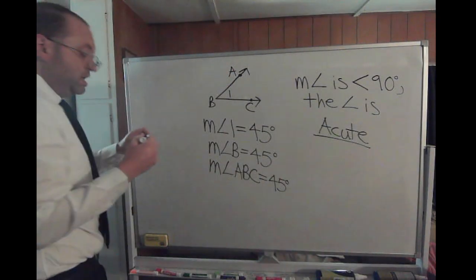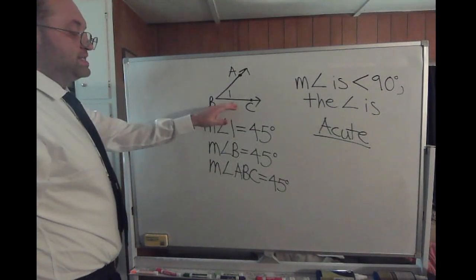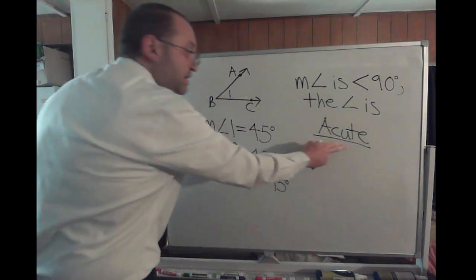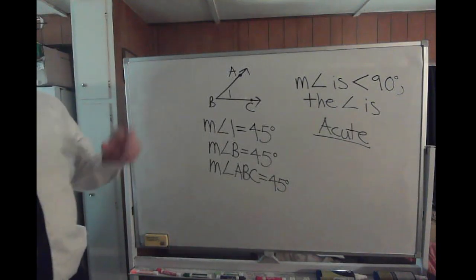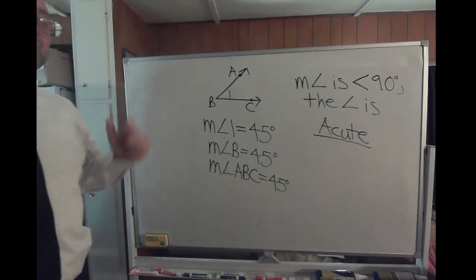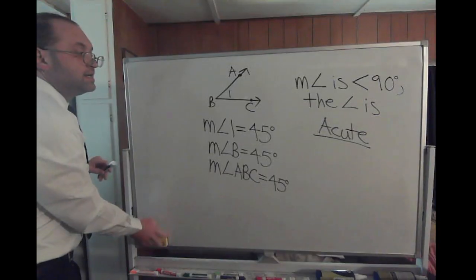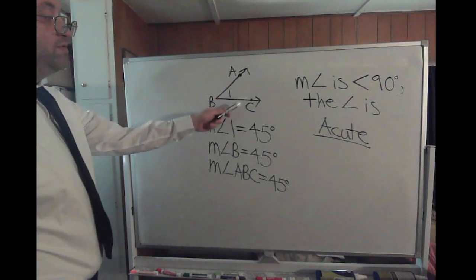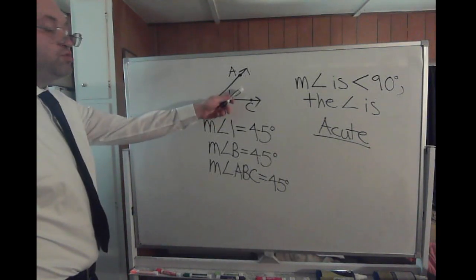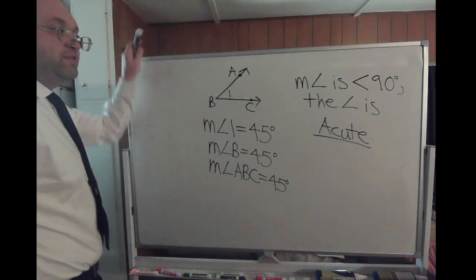So if you have an angle that's less than 90 degrees, it's called an acute angle. And you can remember it like, oh, it's so little, it's so acute. That's how you can remember that. So this is an example of an acute angle. Let's just say I used a protractor and I measured this and got 45 degrees.